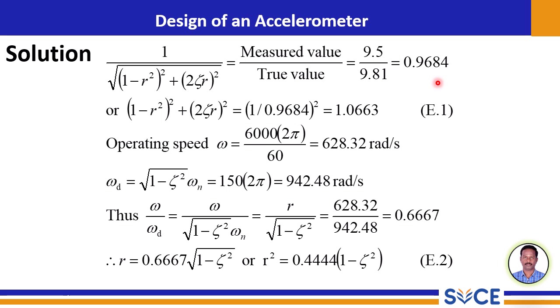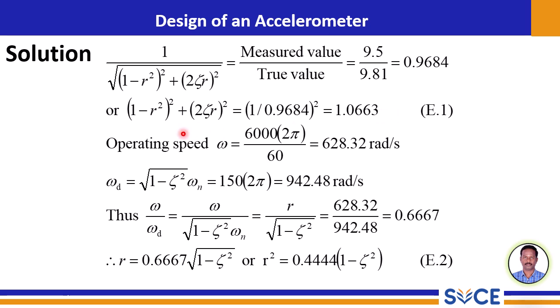This ratio is then equated to a specific expression, that is, 1 by the square root of (1 minus r square) the whole square plus (2 damping ratio into r) the whole square, which gives 1 by 0.9684 the whole square. Then this entire thing becomes 1.0663. This represents equation 1. We have not solved this yet.